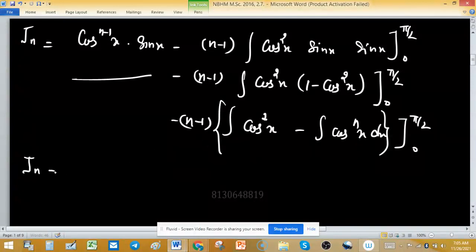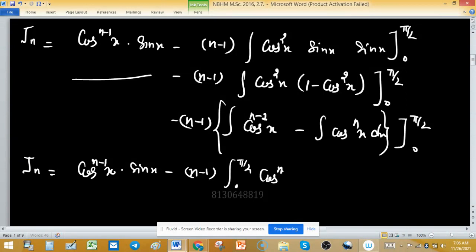So finally we have Jn equal to cos^(n-1) x into sin x, minus (n-1) times the integral from 0 to pi by 2 of cos^(n-2) x dx, minus (n-1) times Jn.